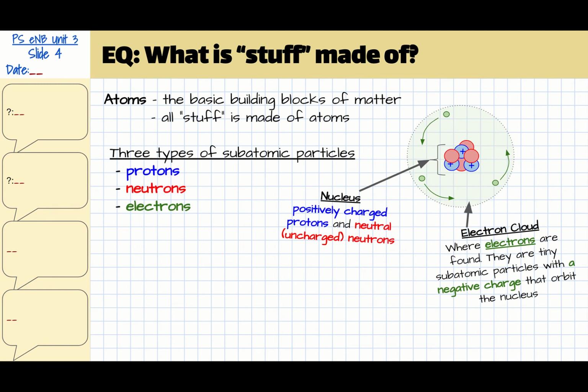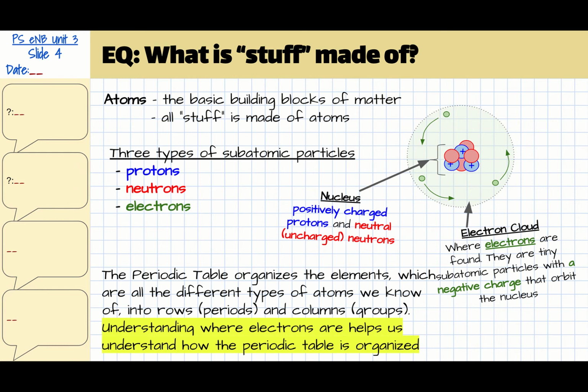We are going to model where electrons are in atoms, and that will help us understand how the periodic table is organized. Understanding where electrons are in an atom helps us understand why a certain element is located at a particular spot on the periodic table.